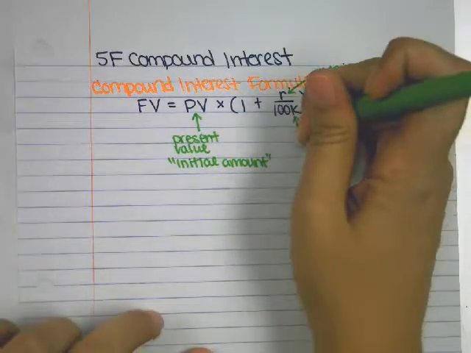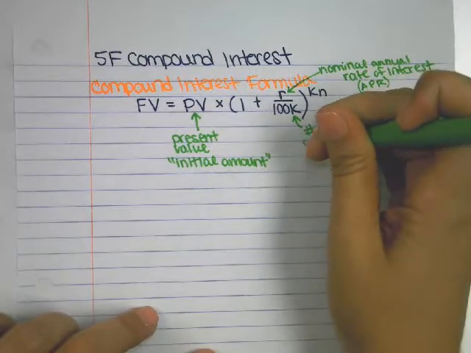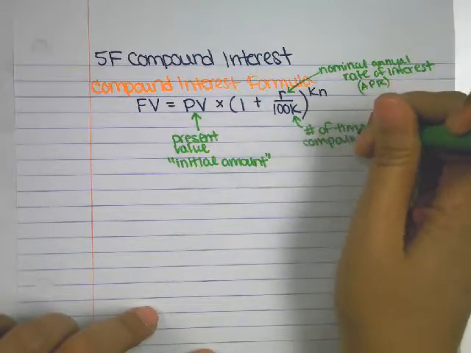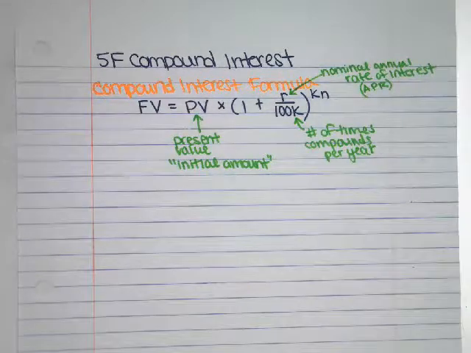K is the number of times it compounds per year. So sometimes your interest is applied once a year. Every year they say, here's 5%, and they add it to your account, and that's great. Other times they break that 5% up and give you a little bit every month.